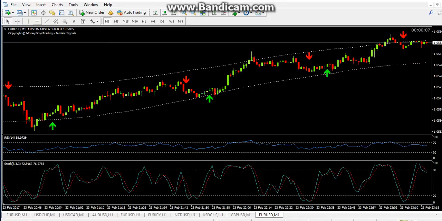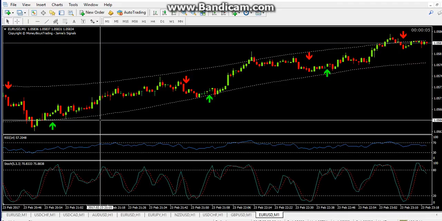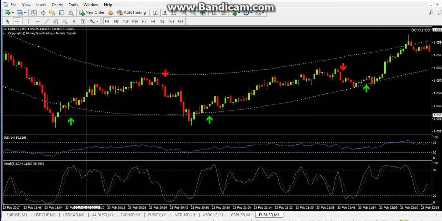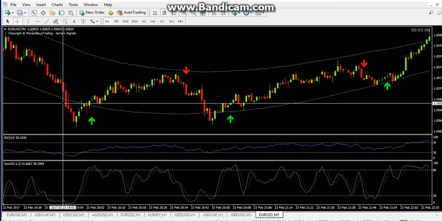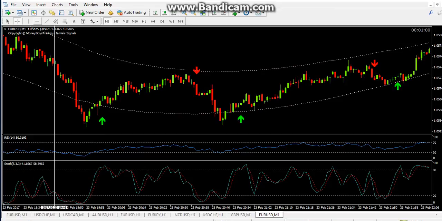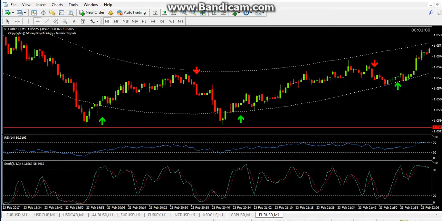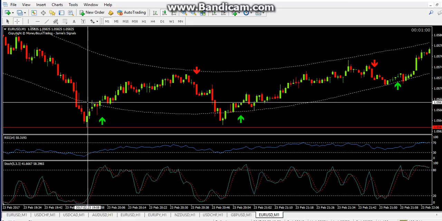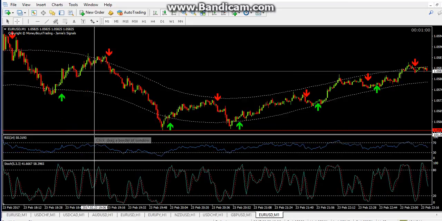That brings me on to trading with the trend. As we can see here, this would have been a nice little example. Let me just draw this line here. There we go. As you can see, the price would have pushed down and probably rejected off that line.